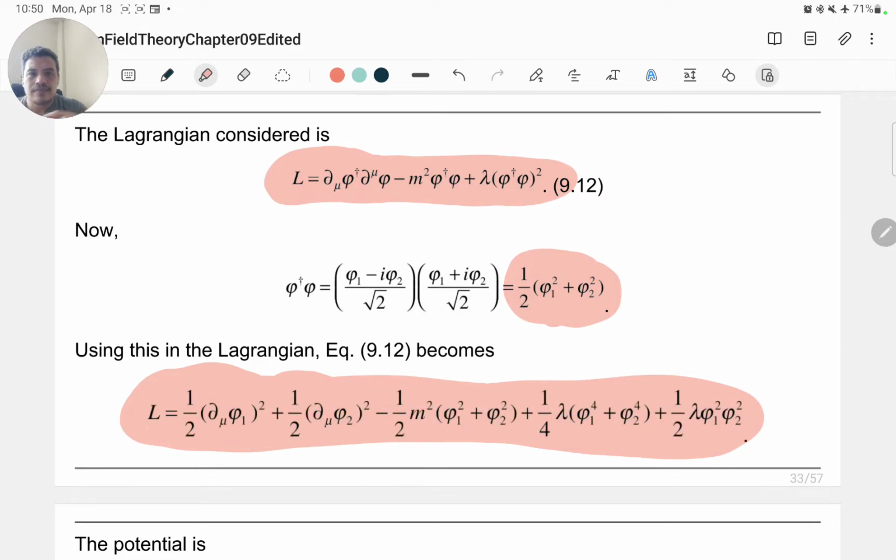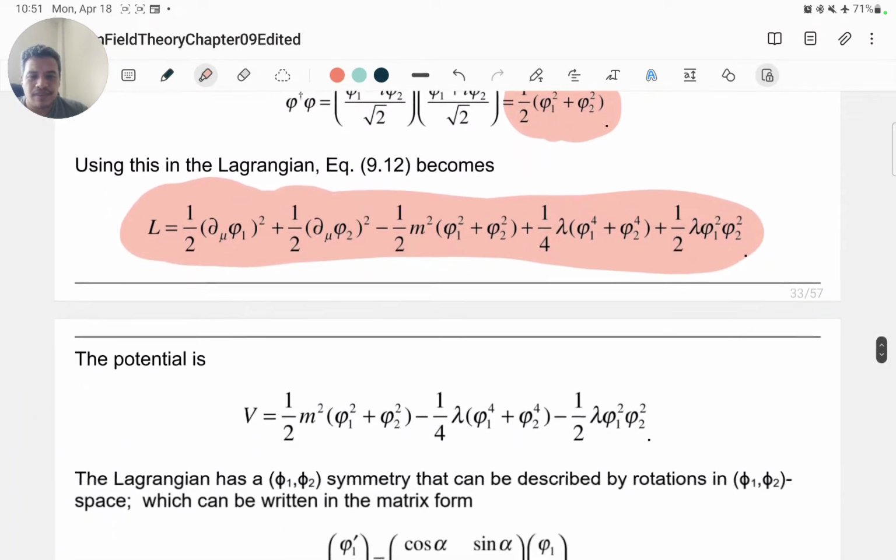From this Lagrangian, you can see the kinetic terms of phi 1 and phi 2, and also the mass terms of phi 1 and phi 2, and the other terms which are just the interaction terms.